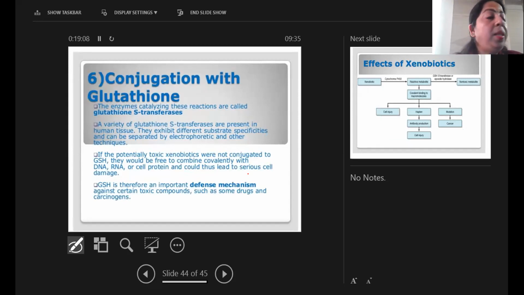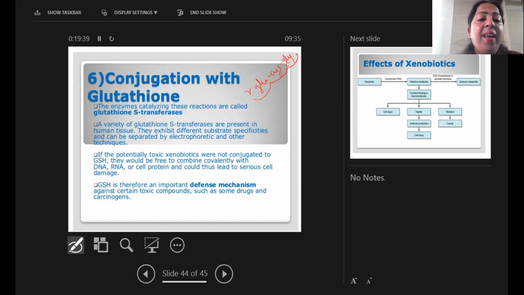Glutathione is a small peptide which consists of gamma glutamyl cysteinyl glycine. Three amino acids are involved in the synthesis of glutathione. Another name for glutathione is gamma glutamyl cysteinyl glycine. You can note it down.